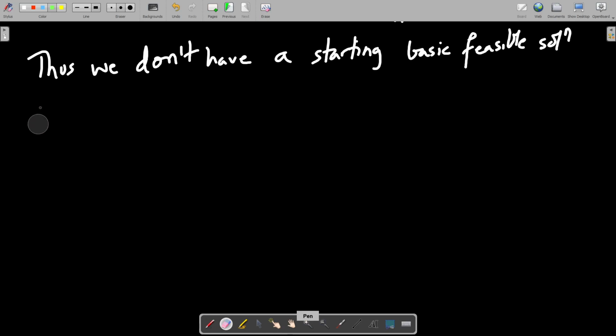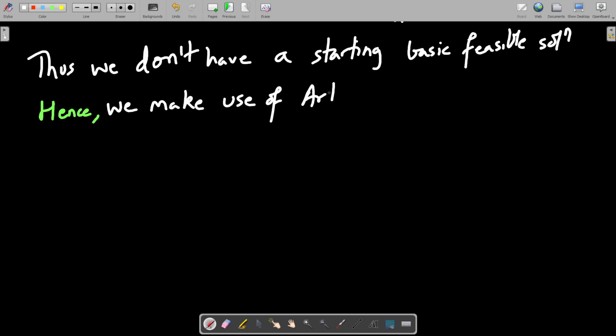Hence, we make use of artificial variables a1. In this problem only one variable is required extra because there is only one row less.